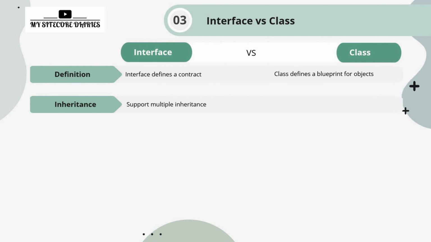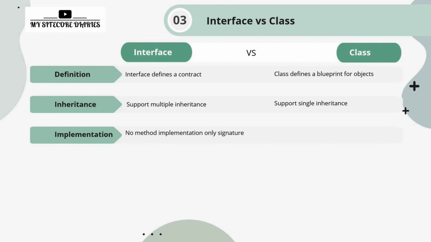If we talk about the inheritance, interface supports multiple inheritance, which we just saw, whereas class supports only a single inheritance. Implementation. So no method implementation, it's only a signature. So in interface, you don't have an implementation, it only has a signature. Class contains method implementation and properties also.